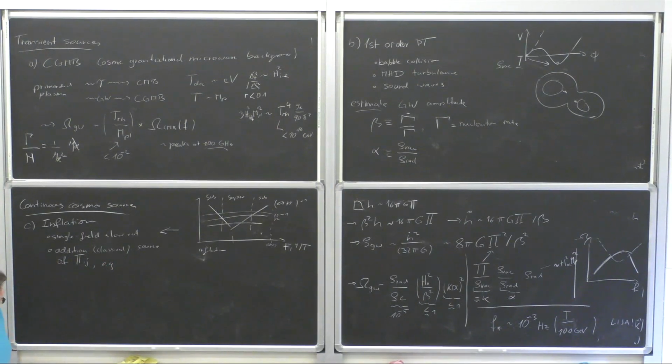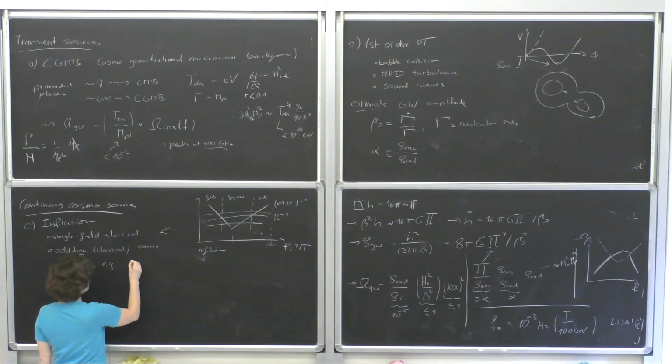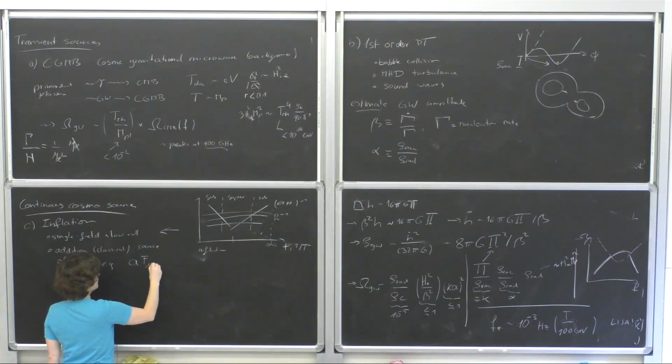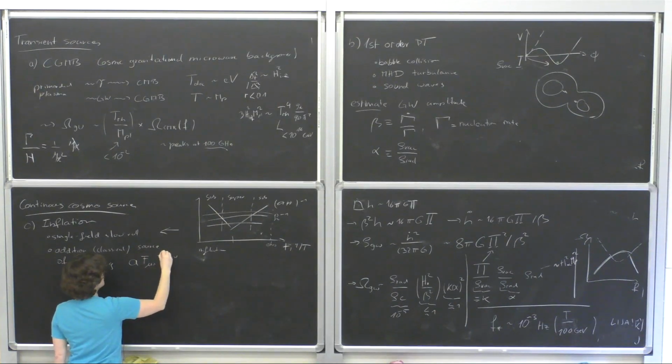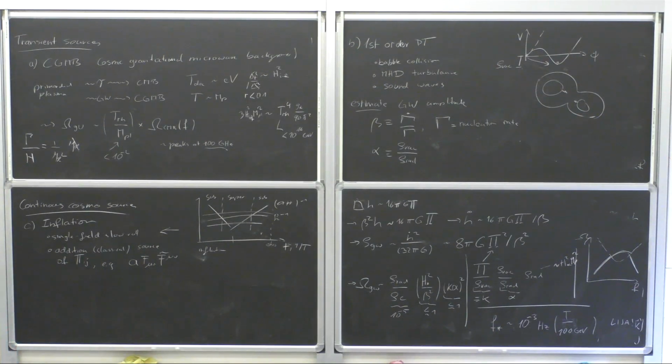happens if I take the inflaton to be an axion-like particle, A, and I couple that to gauge fields. Then what happens is that during inflation, as this axion-like particle is moving, you trigger a tachyonic instability in these gauge fields. So you get a whole bunch of gauge fields. You start exponentially producing gauge fields. Now, normally, you don't care about particle production during inflation because everything is being expanded away exponentially.